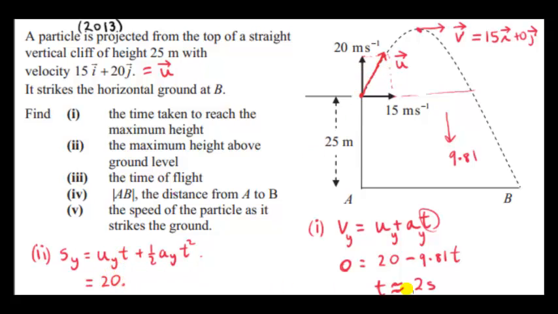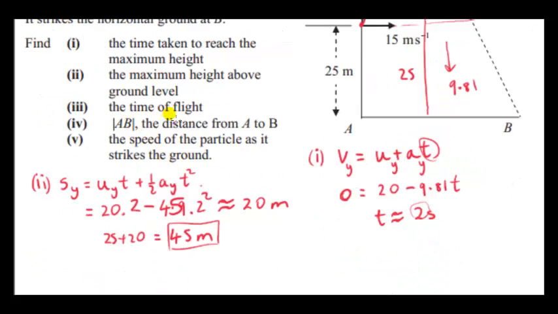Now we're interested in the time when the particle reaches maximum height. Here we'll have minus 4.9. If we approximate 4.9 by 5, we get approximately 20 meters. So we just have to add on the 25 meters.